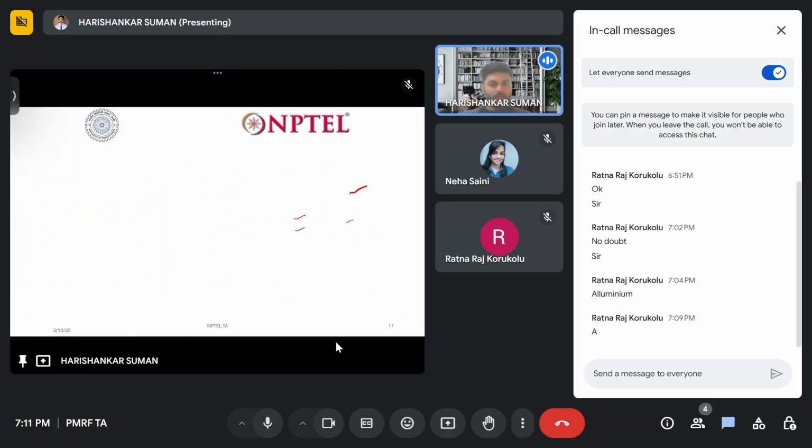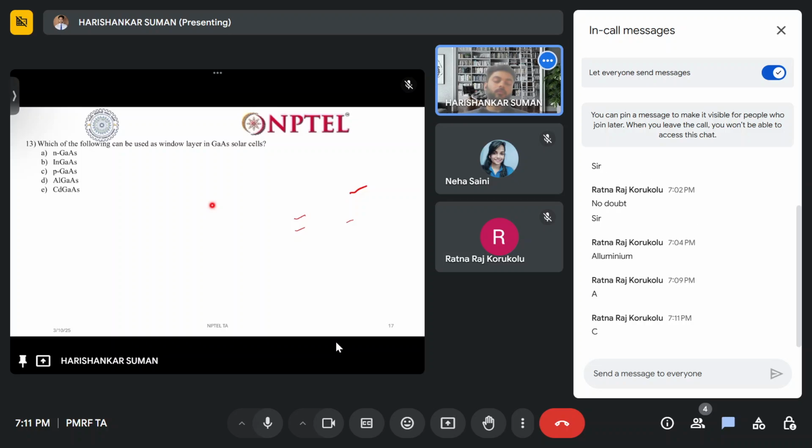Next question: which of the following can be used as a window layer in a gallium arsenide solar cell? Yes, please choose your answer. Okay, see.